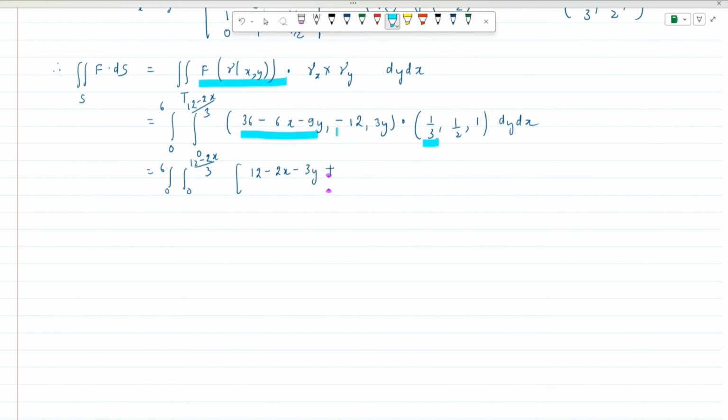Then we take the second coordinate, that's negative 12 times half, so that's going to be negative 6, and the last component is going to be 3y. So you can see that we can get rid of the 3y, and 12 minus 6 reduces to 6. So this reduces to a very simple double integral, where the integrand is going to be 6 minus 2x.